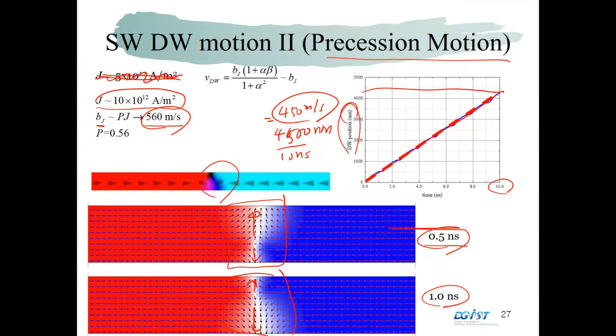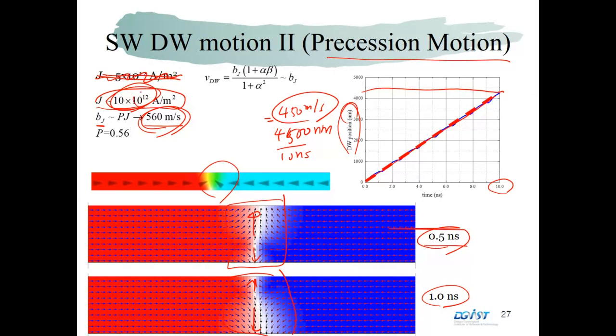Actually, this domain velocity is quite good. As we already mentioned, the order of 100 meter per sec is good and fast enough for devices. But unfortunately, this current density is too large. With this kind of large current density, the nanowire easily burns out, and the energy consumption is also very large.